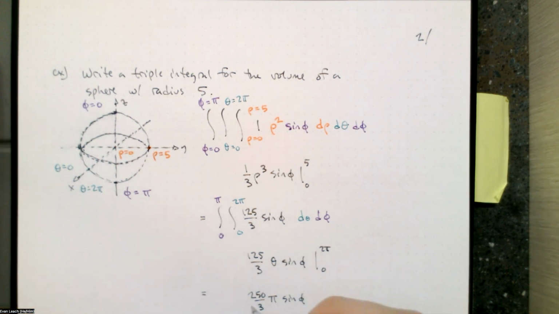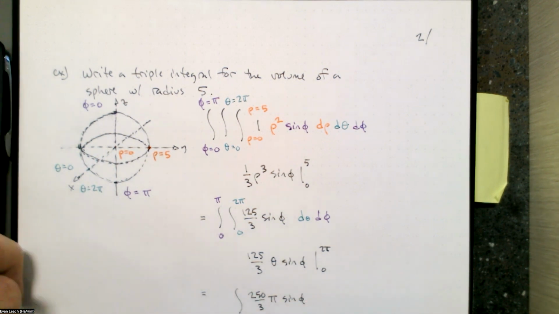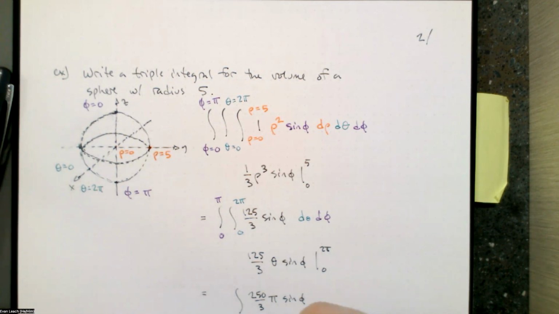That was the theta integral, but we still need to integrate again from 0 to pi d phi. Now we have all this constant, and we have to integrate sine of phi. The integral of sine is negative cosine. And then this gets evaluated from 0 to pi.